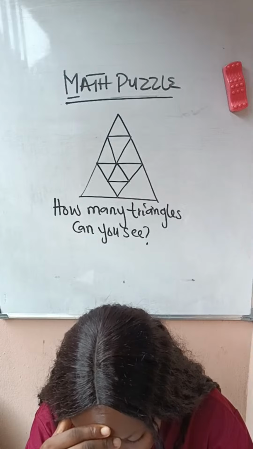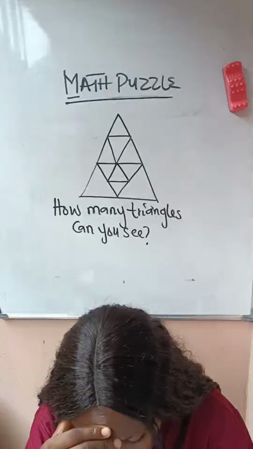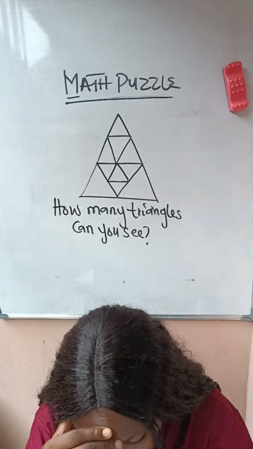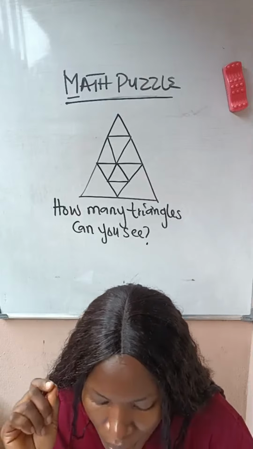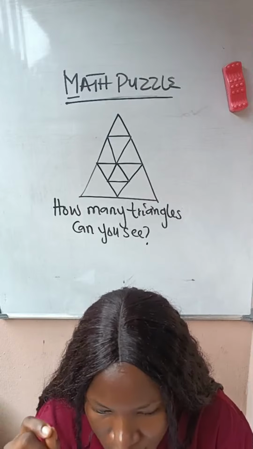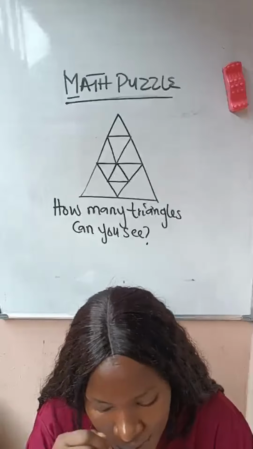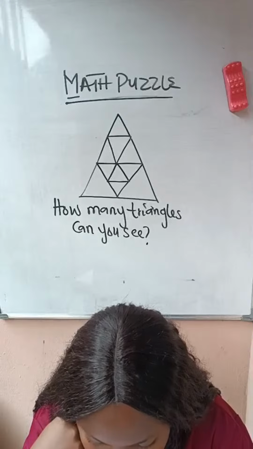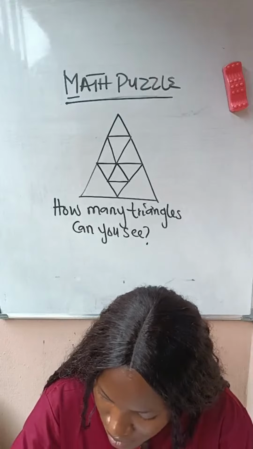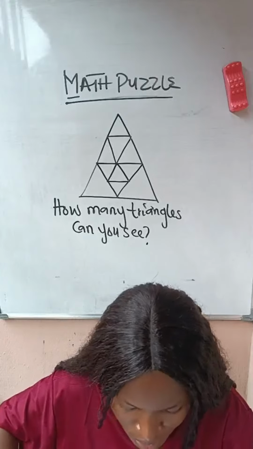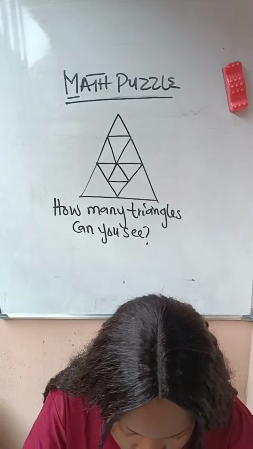31 or 11, pentagon, depending on how you look at it if you count the right angles. We are asked to find the triangles. How many triangles can you see? That's the question. Let me analyze it myself and be sure, so that when someone drops the answer, I will know.